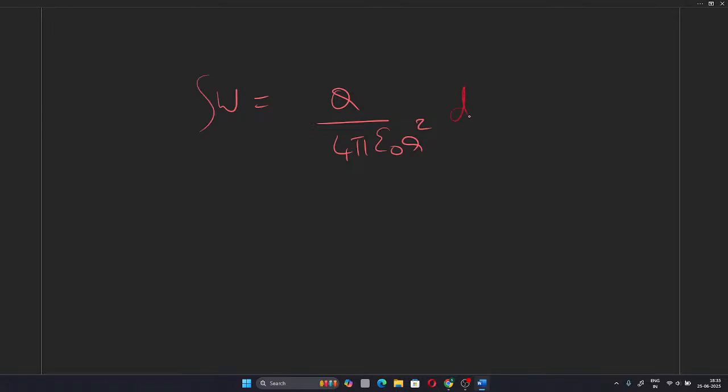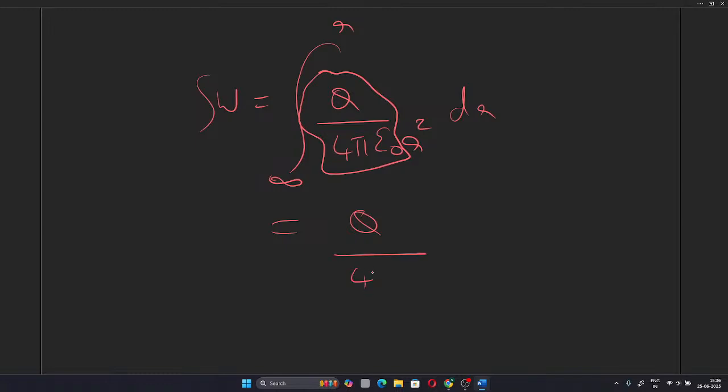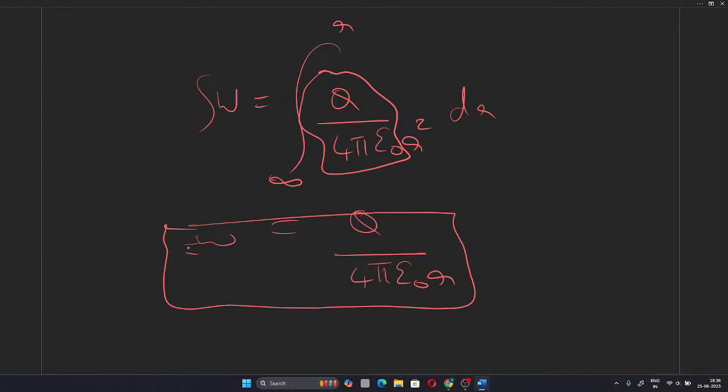These are constants, so take them outside. The final answer will be Q by 4 pi epsilon naught R. This is the potential.